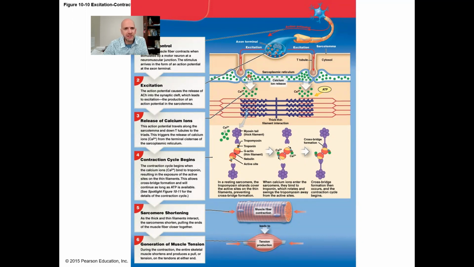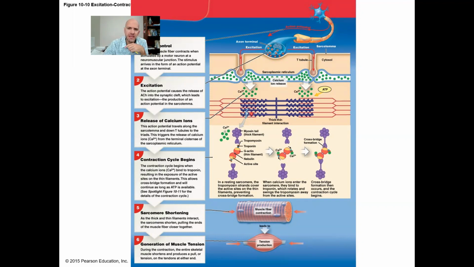That is when calcium arrives and starts to bind to troponin. All of that, from the action potential arriving from the neuron to calcium's arrival in the myofibril, is contained in excitation contraction coupling. The next thing that we're going to talk about is the cycling.